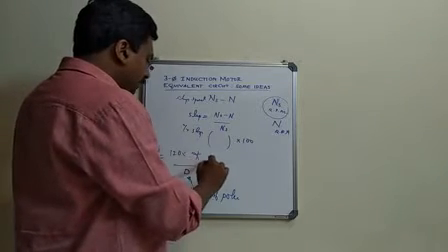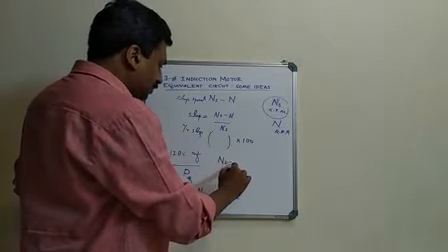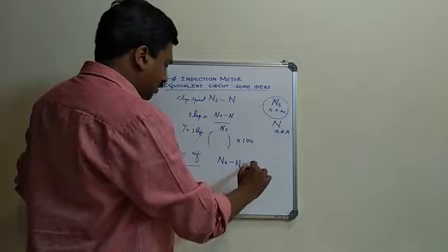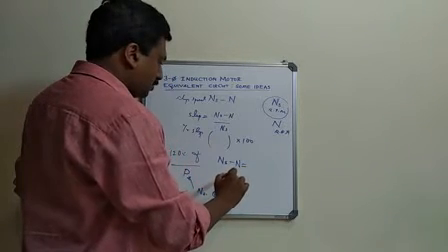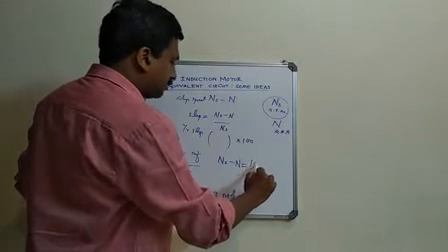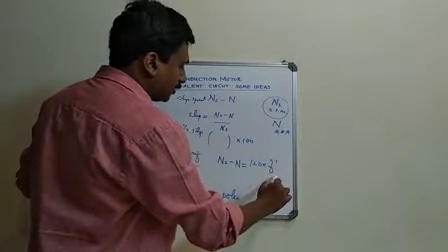Now when the rotor sees a difference ns minus n, it will have another frequency, f dash.